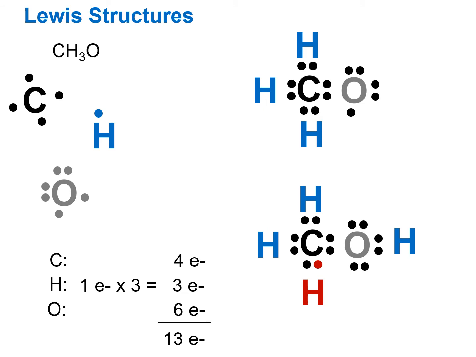What about the upper structure? What could we do with this one? Well, we could follow the same pattern and complete the octet for oxygen by dropping in an electron. Now here's the deal with oxygen. Oxygen is the more electronegative element, which means that it can grab an electron from somebody and hang on to it. So it has the ability to bear that charge.